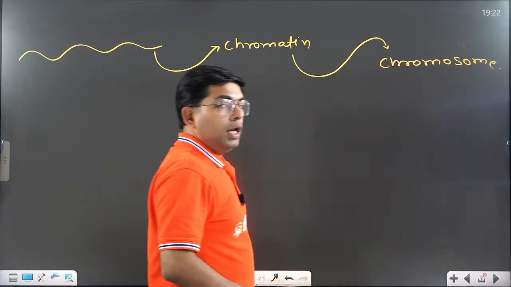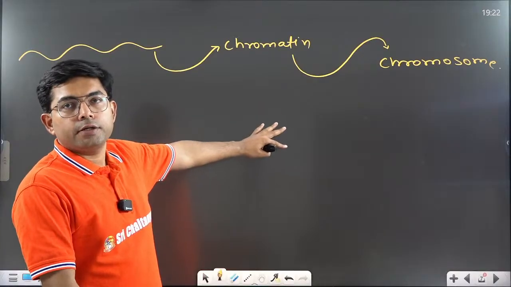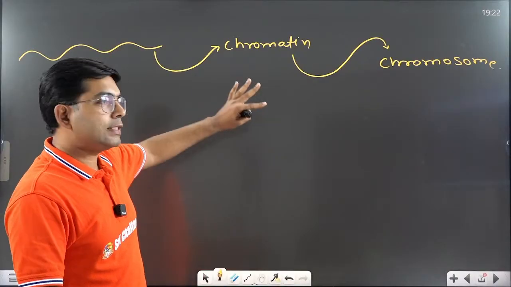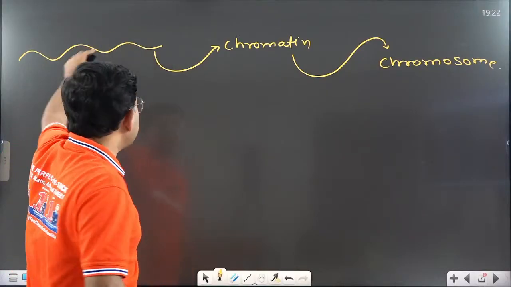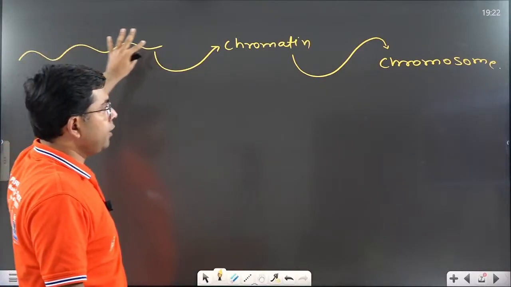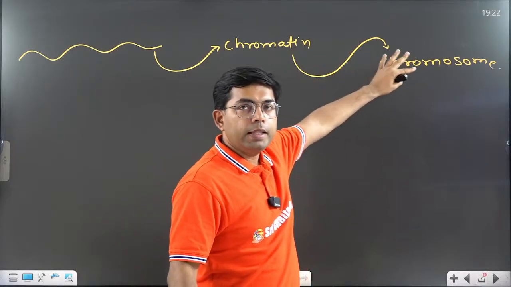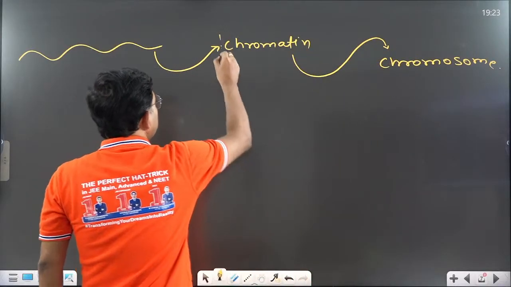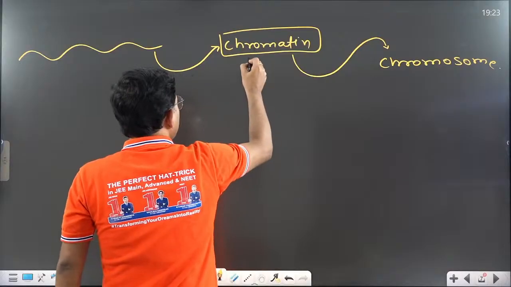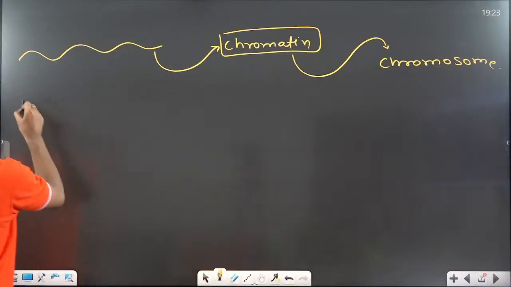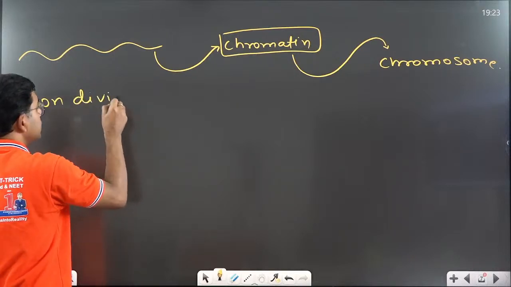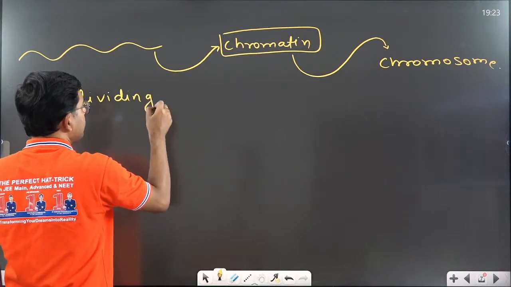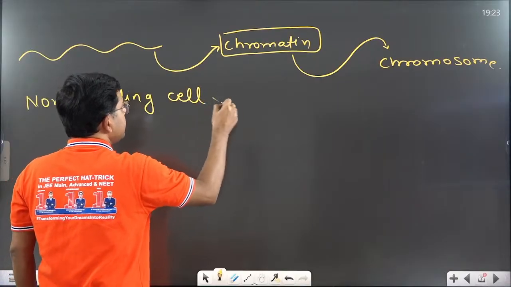Understood? In normal condition, the nucleus does not have simple DNA and does not have chromosomes. They are present in the form of chromatin. So in a non-dividing cell, what is present?